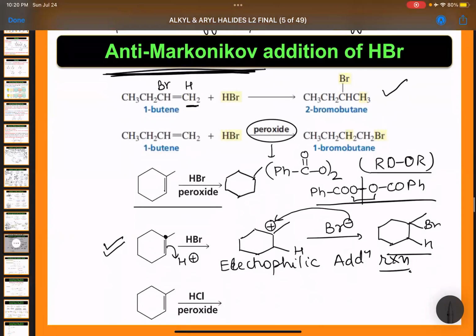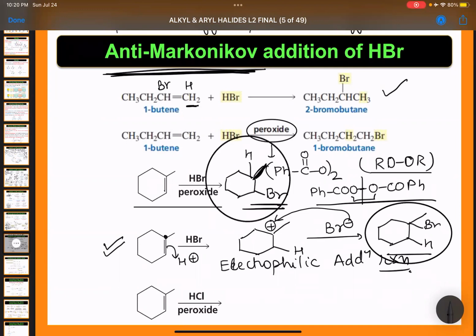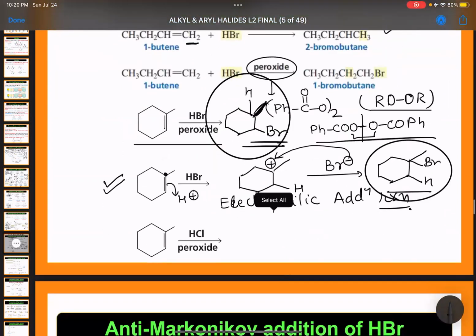This is anti-Markovnikov addition. So here you are going to put H, and on this side you are going to put Br. So it is just the reverse of this product. This is the peroxide effect.